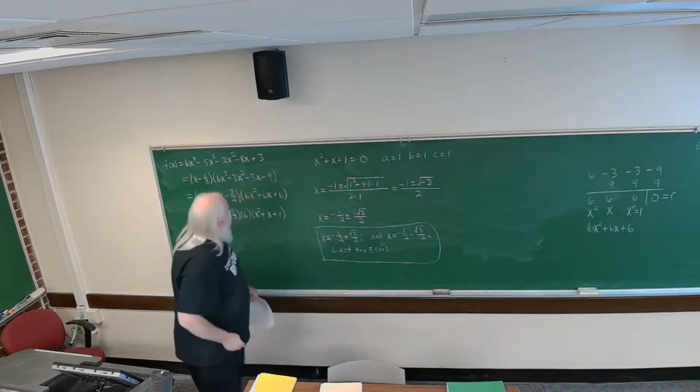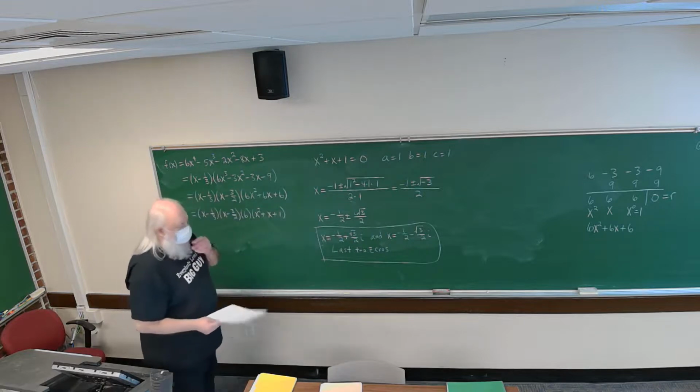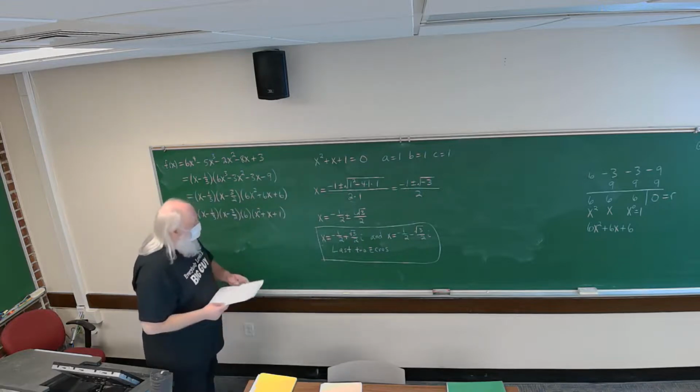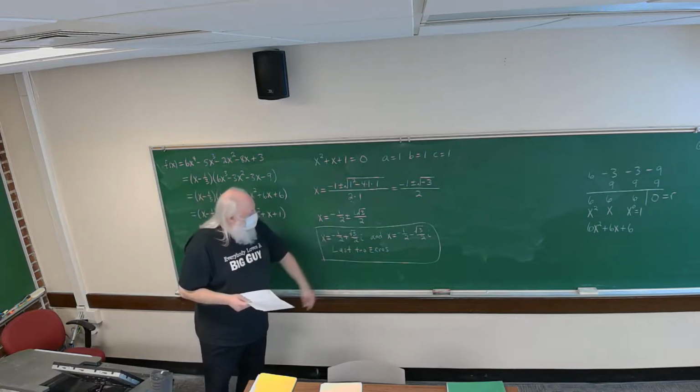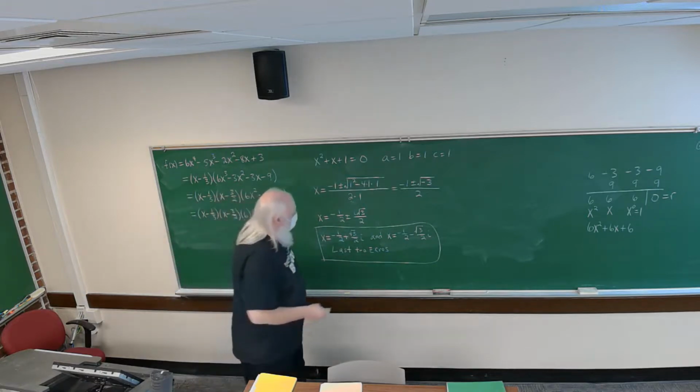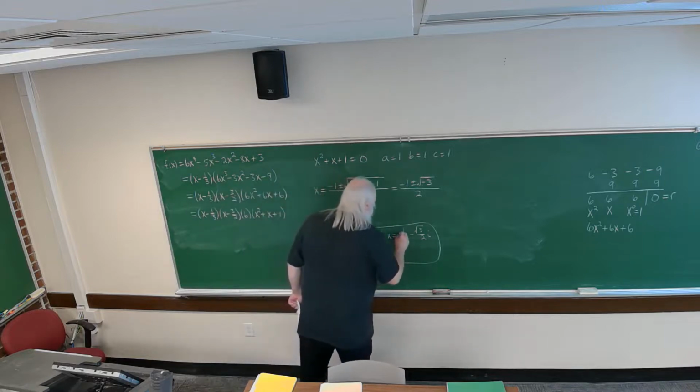Right? The first two are x equals 1/3 and x equals 3/2, and the last two are x equals minus 1/2 plus square root of 3 over 2 i, and x equals minus 1/2 minus square root of 3 over 2 i.